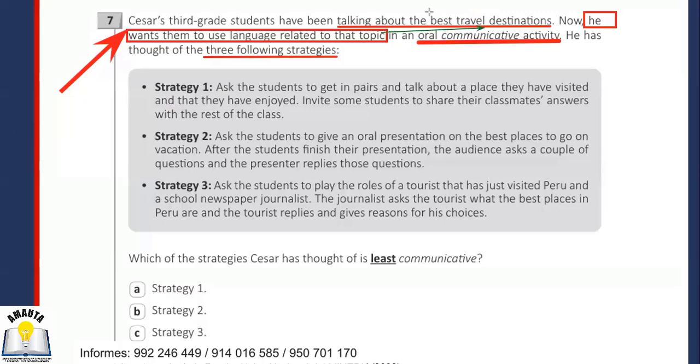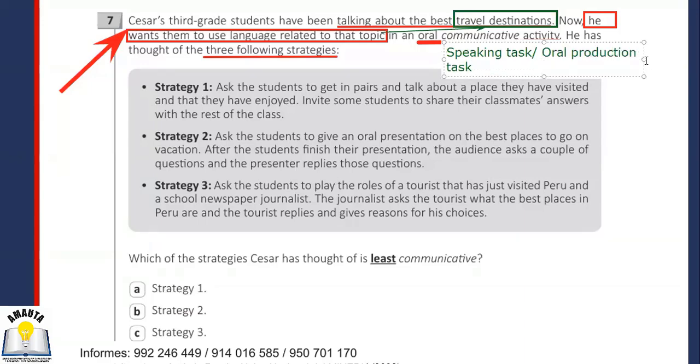He wants his students to use this in an oral communicative activity, not a written task, no, a speaking task. What type of task is it? It is a speaking task or an oral production task. This is very important.